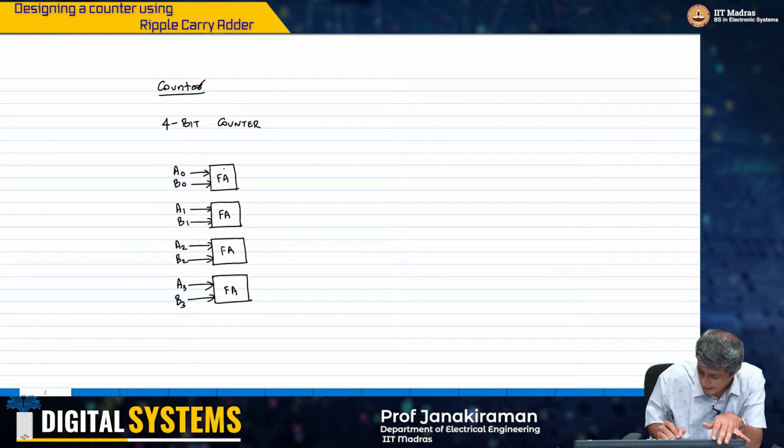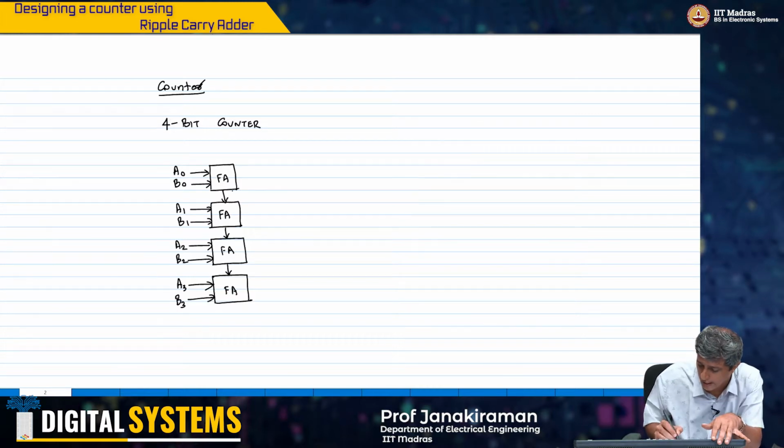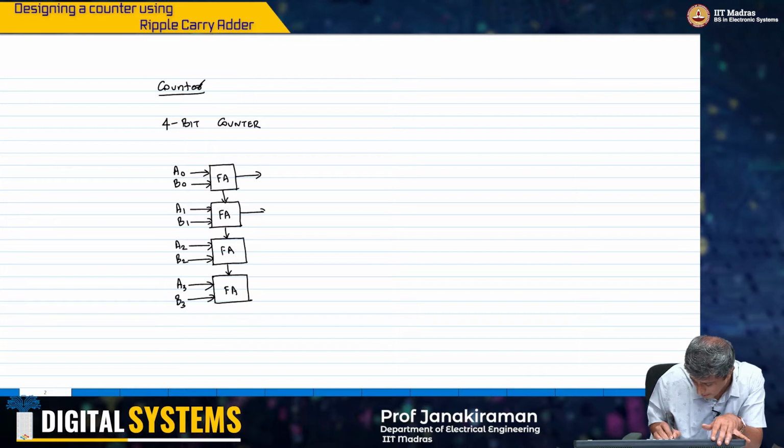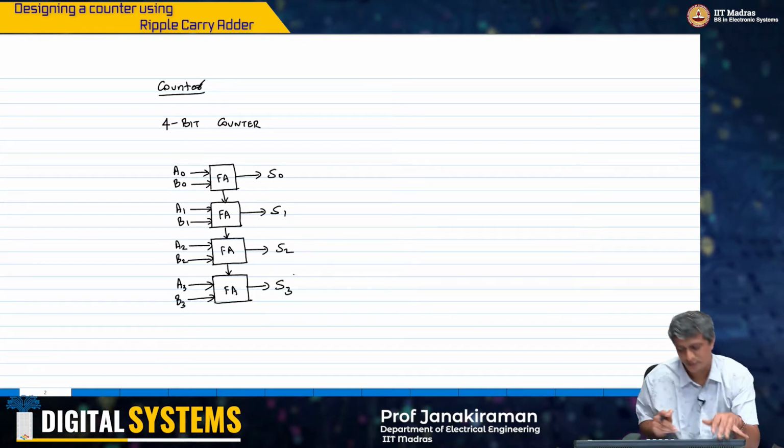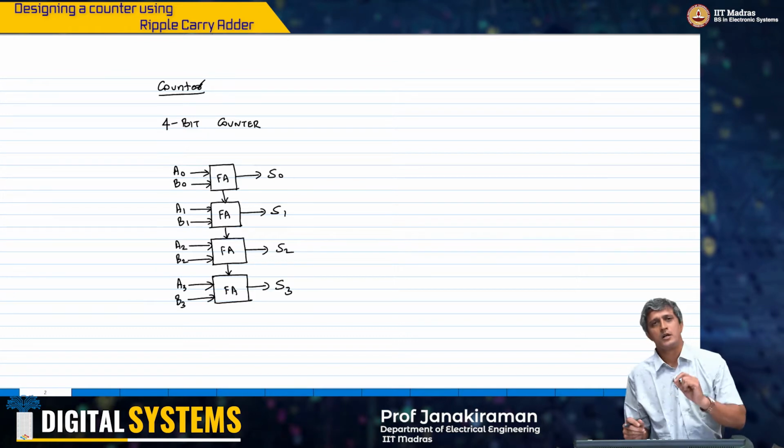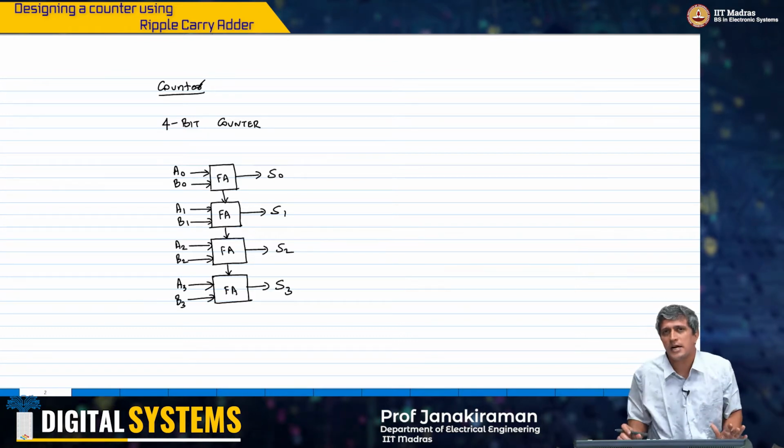And I am going to propagate the carry out downwards, and what I get here is my sum bits, S0, S1, S2, S3.